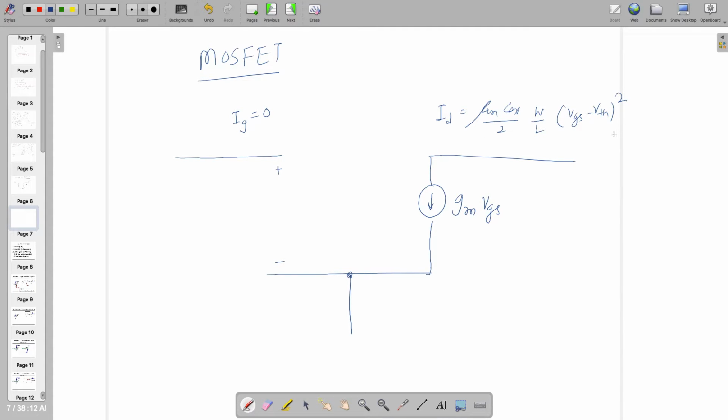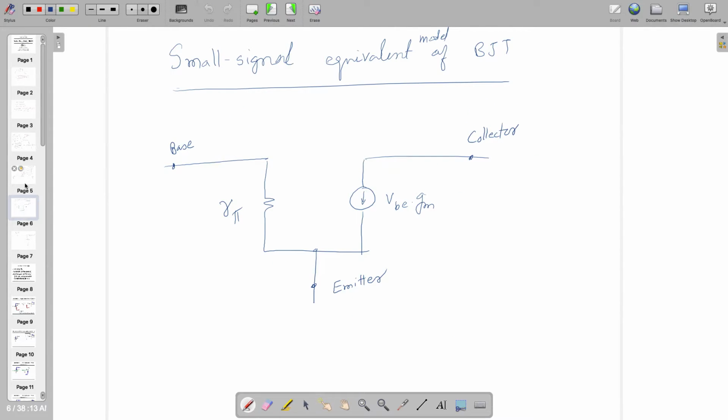So del ID by del VGS is going to give you gm, and the rest of the terms are not present in MOSFET. So it's del ID by del VGS. These are the two different things in BJT and MOSFET.